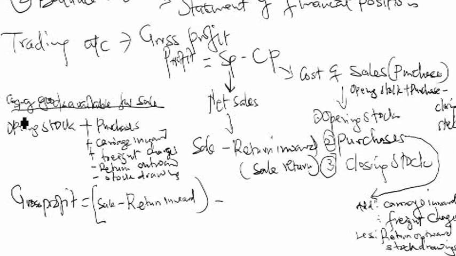Our adjustment of the cost of goods available for sale goes up to the point of opening stock and purchases. So what are you supposed to do? You're supposed to subtract the cost price, which will now be our cost of goods available for sale. In a bracket, cost of goods available for sale less closing stock.